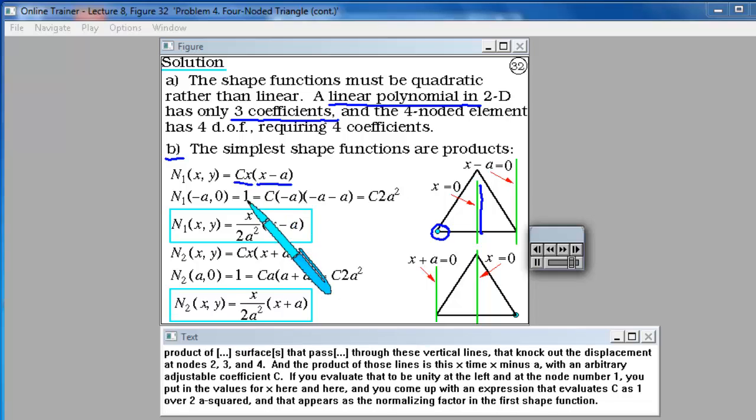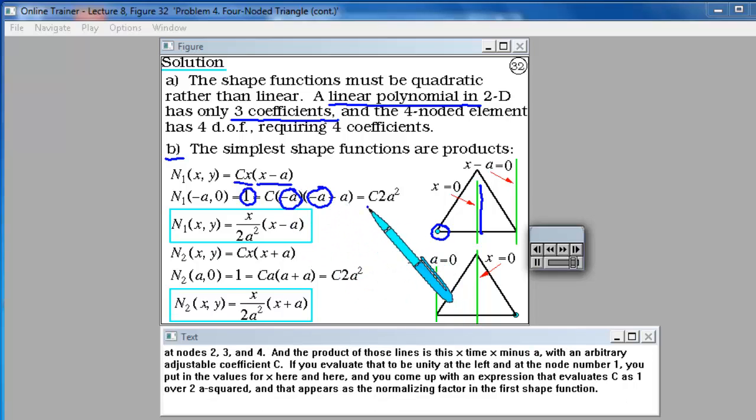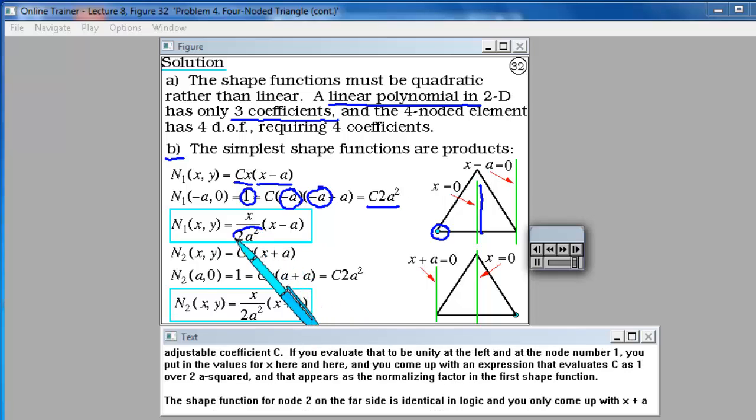If you evaluate that to be unity at the left end at the node number 1, you put in the values for x here and here, and you come up with an expression that evaluates c as 1 over 2a squared, and that appears as a normalizing factor in the first shape function.